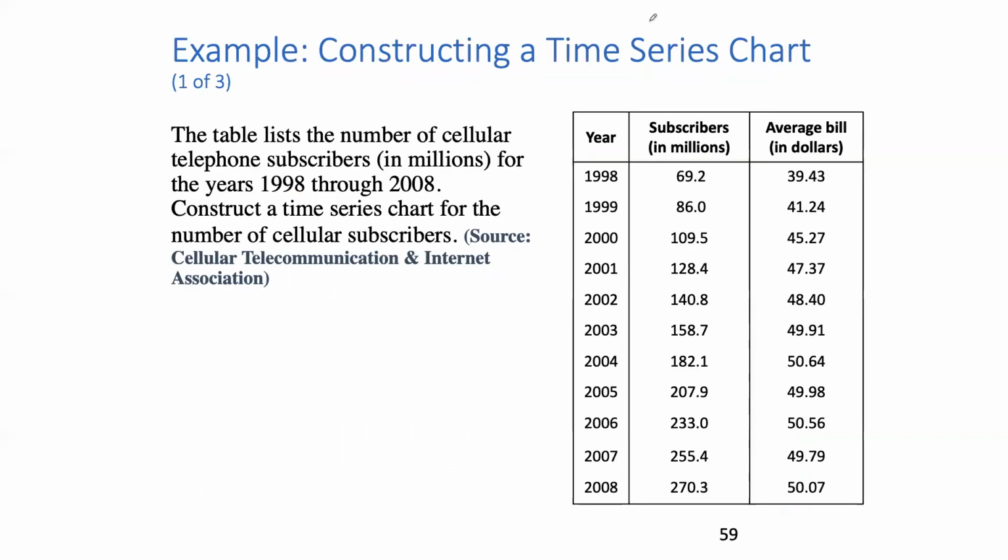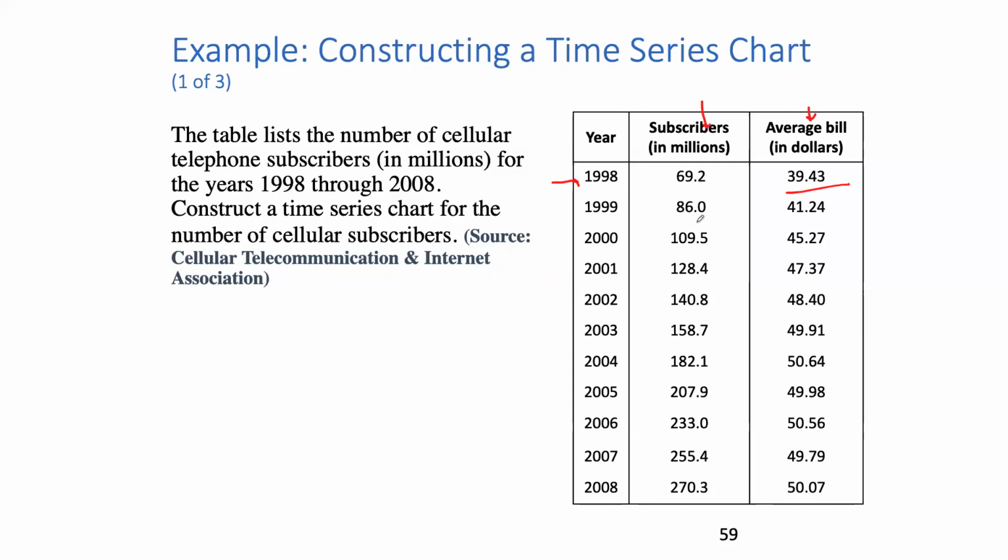So for instance, suppose we have this telecom data. In each year, we are measuring the same two variables: the number of subscribers and the average bill that they're paying, right? So in 1998, there were 69.2 million mobile phone subscribers, who had an average bill of $39.43.